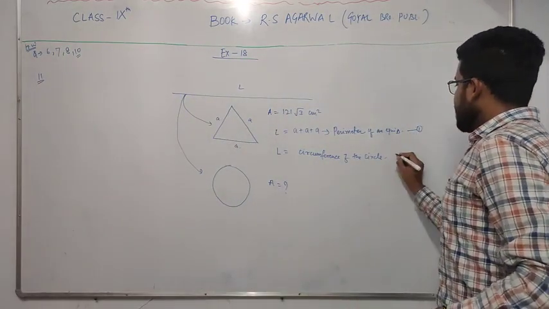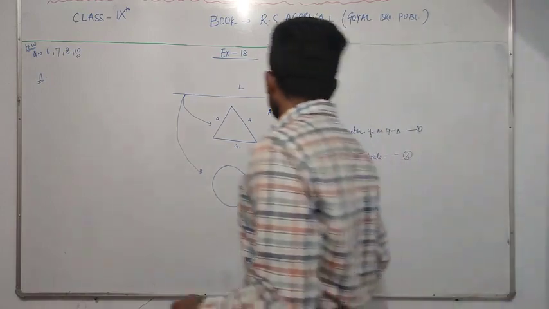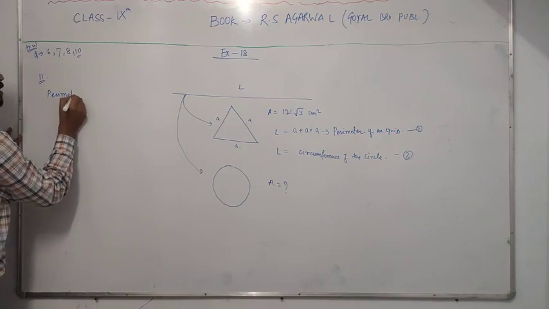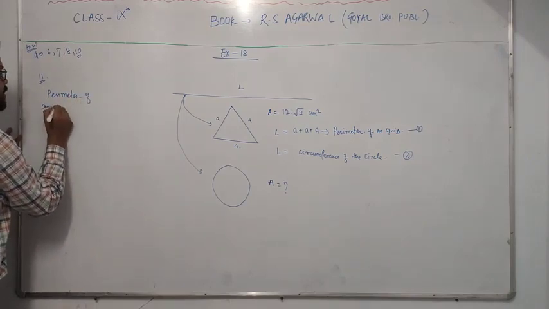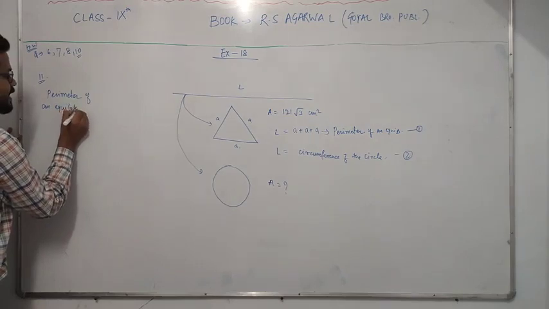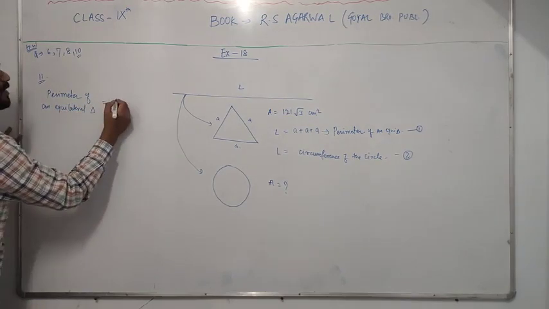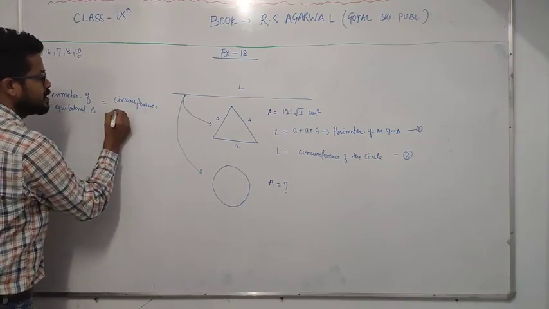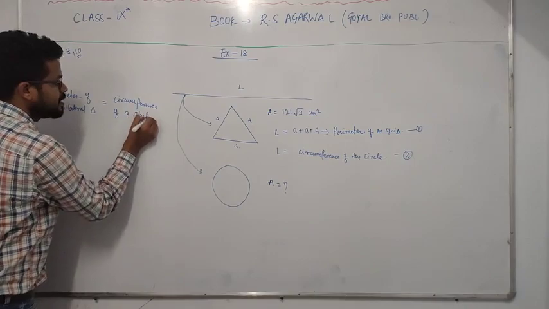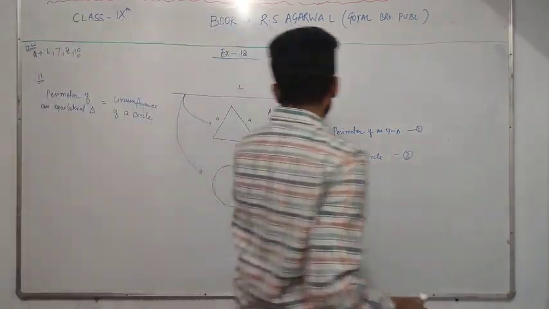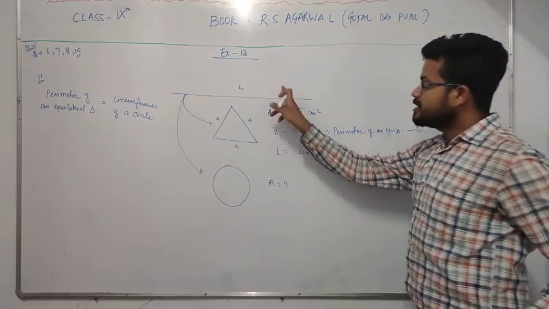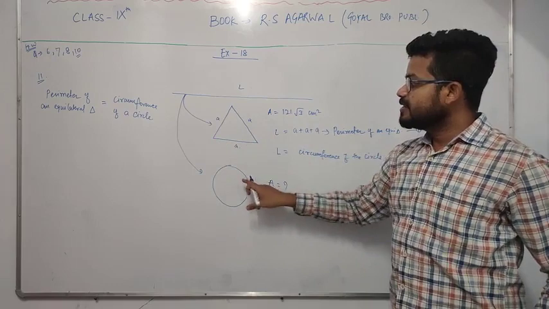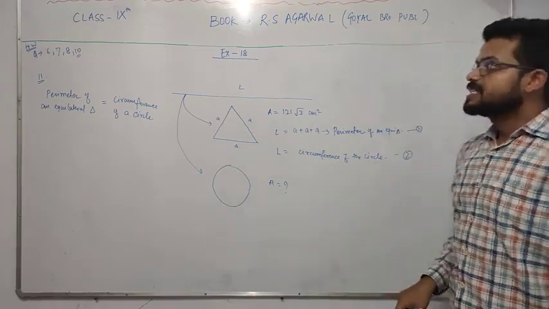So from this and from this, can I say that the perimeter of an equilateral triangle is equal to the circumference of a circle, because both are formed by this long wire of length L, which is bent into an equilateral triangle and also bent into a circle.